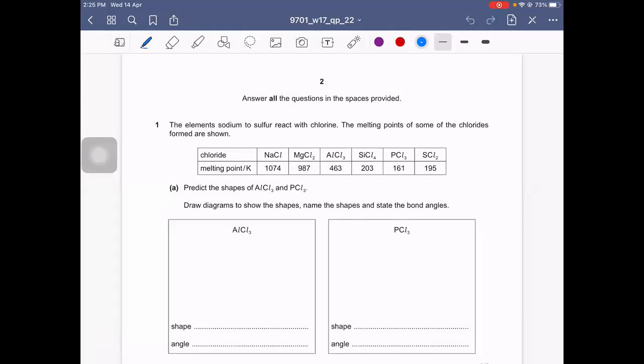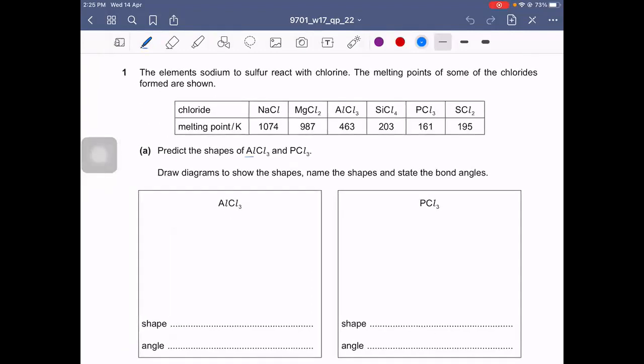Before you move on, you need to go to the periodic table and check. Aluminium is in group 3. Aluminium can make 3 bonds with chlorine, and this is what it looks like.